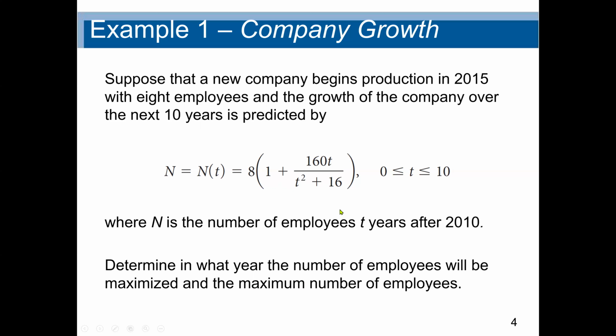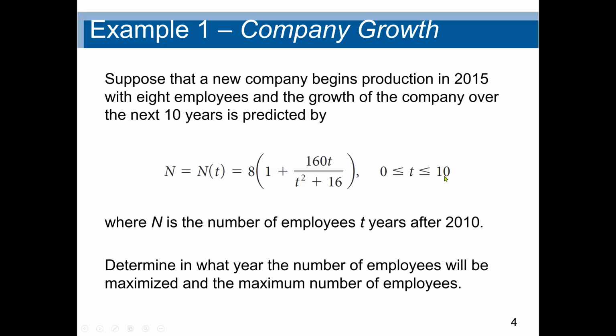So here we want to find the absolute maxima. We know that as time goes on between 0 to 10 years, the employee size will increase. But at what particular time between 0 to 10 will the employees be maximized, or we may have the maximum number of employees within that 10 year period?